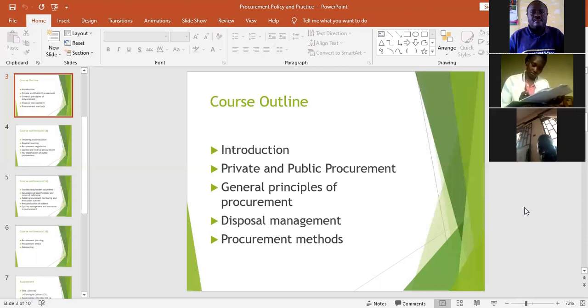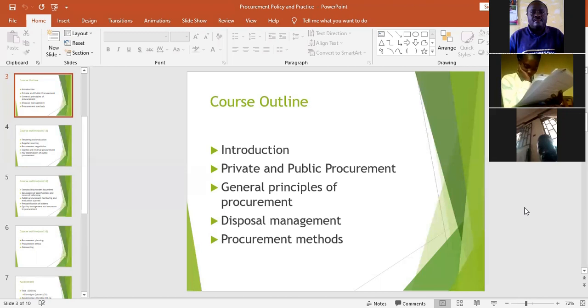Then we have another type of procurement known as the community participation method. Community participation is a procurement method where a project organization may procure works, services, or goods from an organized community. For example, a youth group.